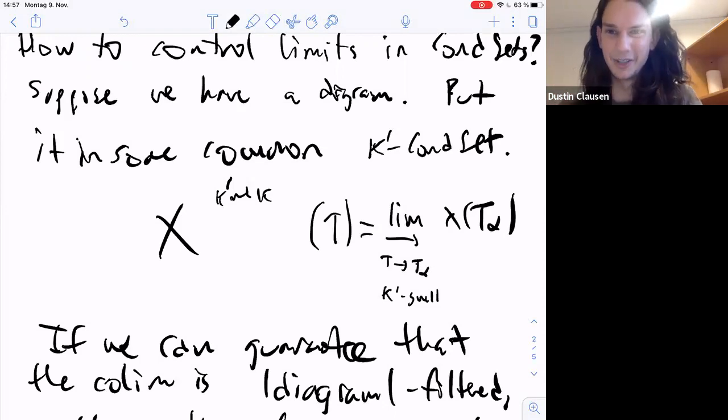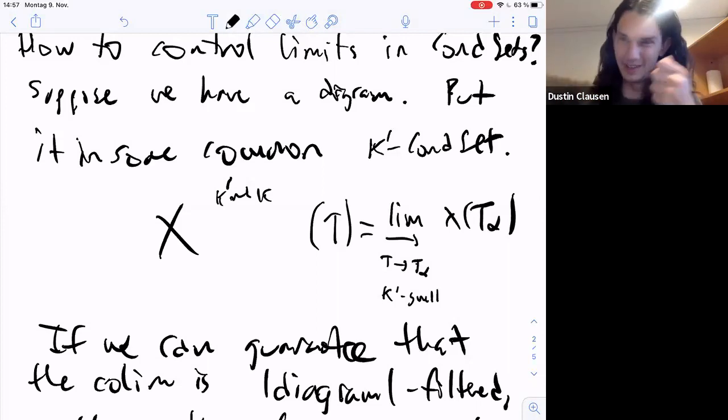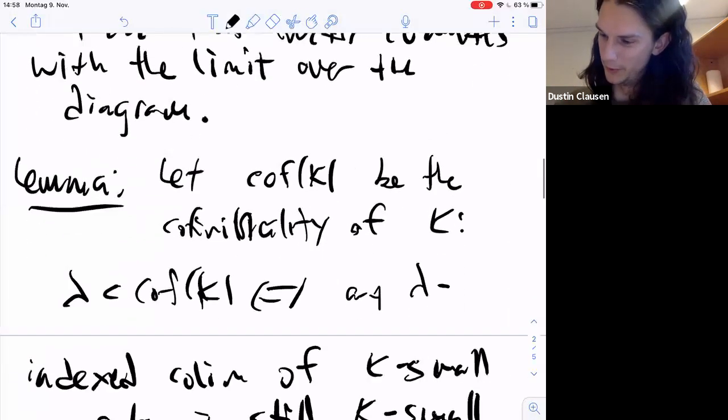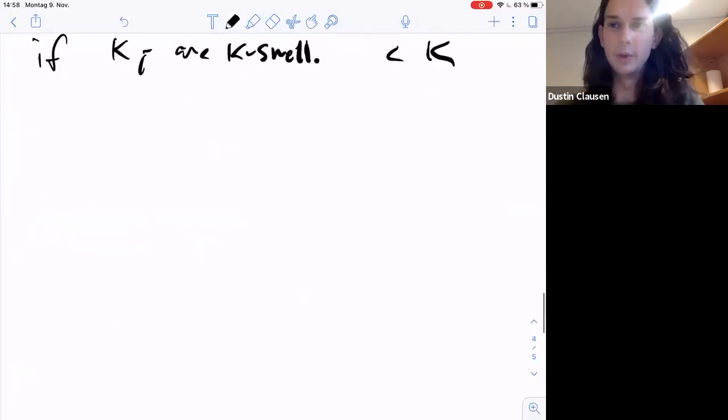And arbitrarily large kappa will satisfy that, and so the limit will stabilize at all sufficiently large kappa. Okay, that's an example of how you reason with the set theoretic technicalities.